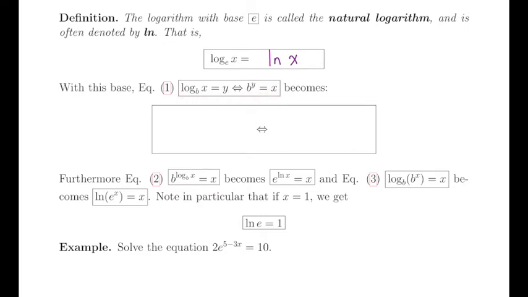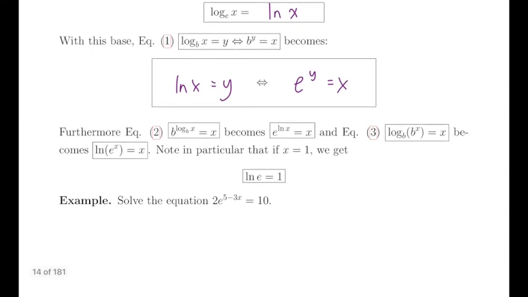Let's try to rewrite these with b equal to e. Then this becomes ln x is equal to y. And an equivalent way of writing that equation is to say e to the y is x. In other words, the inverse of e to the x is ln x. So nothing new here, we just have a new notation for log base e.